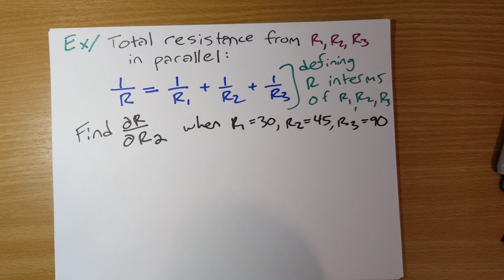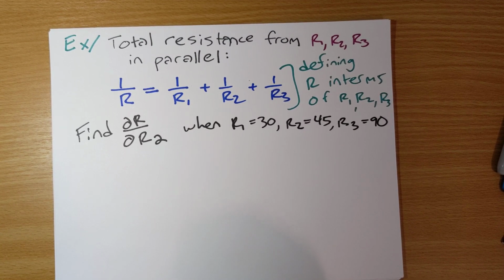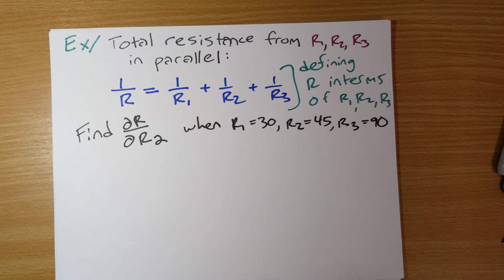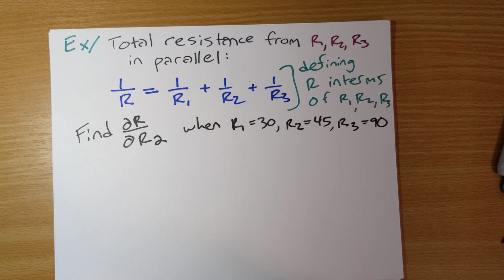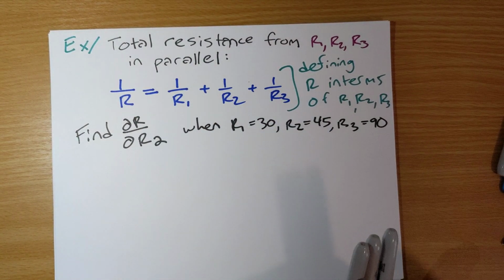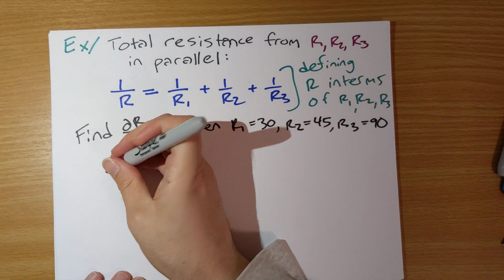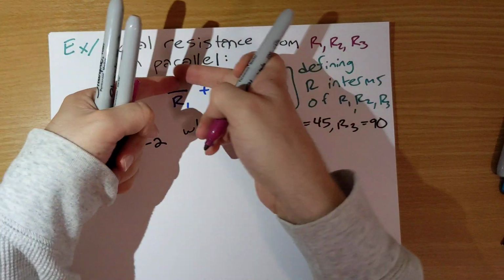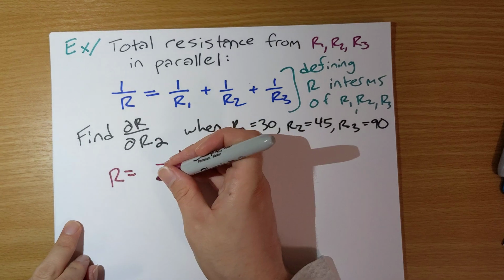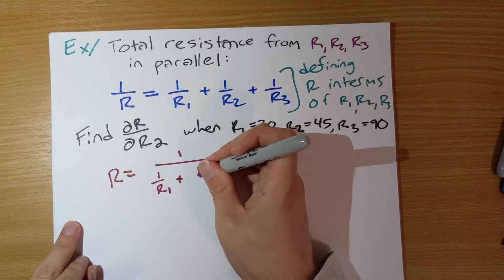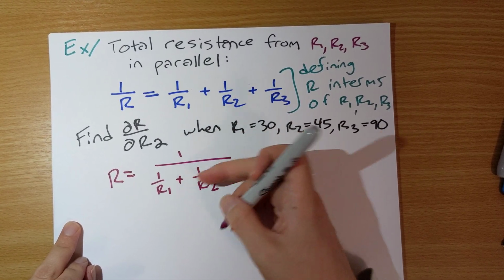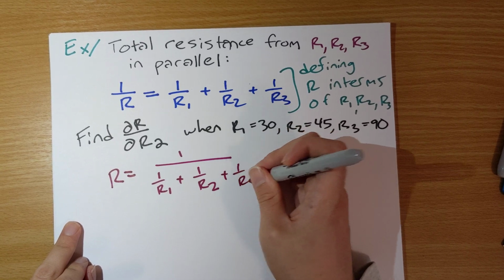Okay, so what we want to do is, there's several different ways to approach this. I'm going to do a little bit different than what the book does. I'm going to rewrite this explicitly. R is 1 over all of this: R is 1 over 1 over R1 plus 1 over R2 plus 1 over R3.